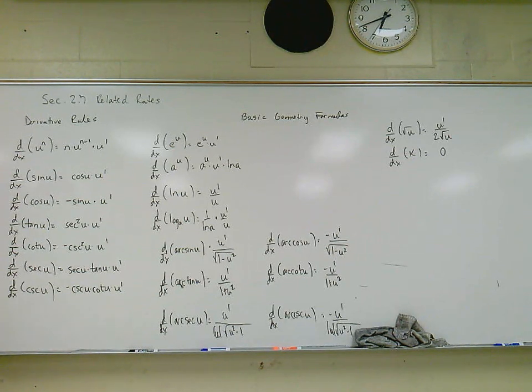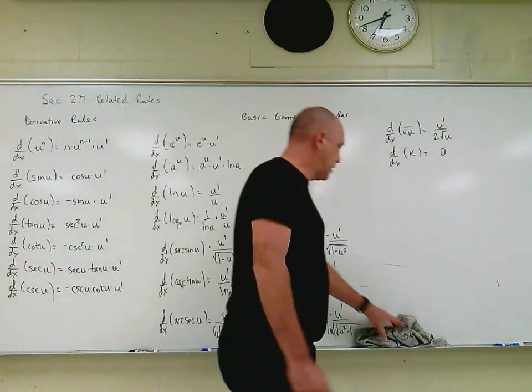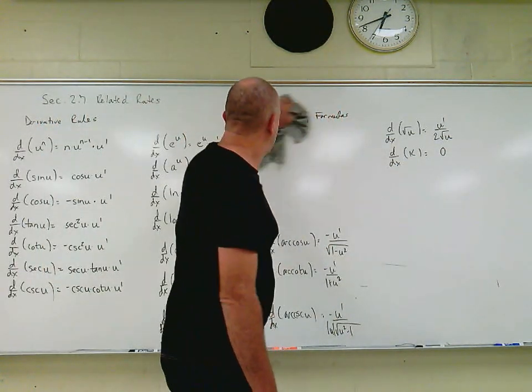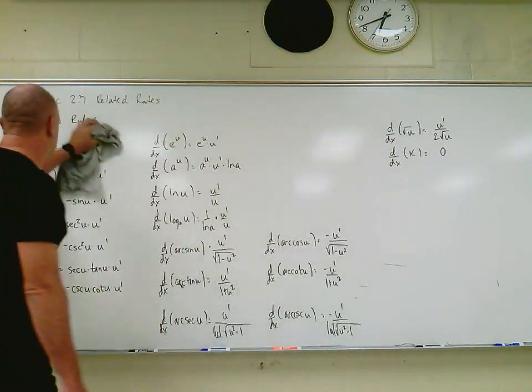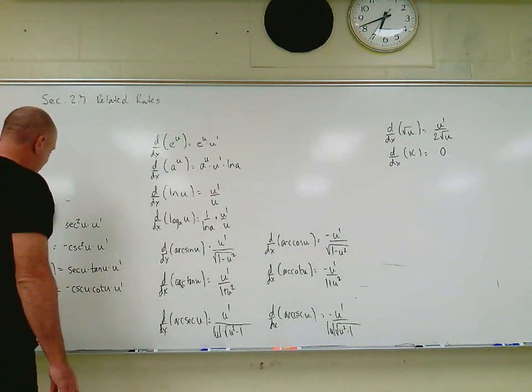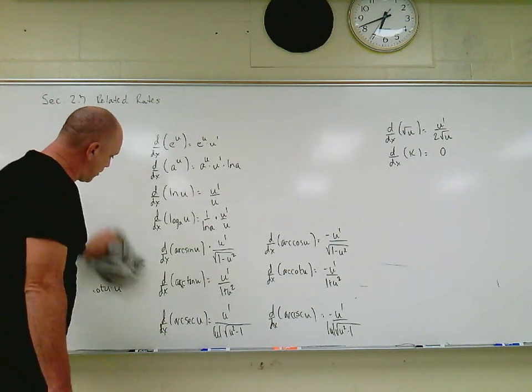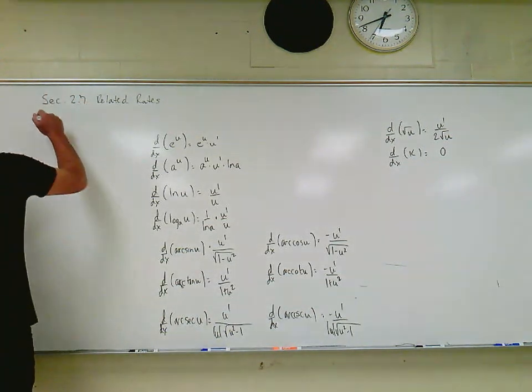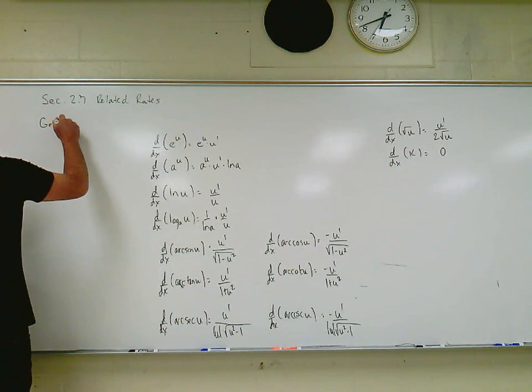We're gonna start erasing. I'm gonna erase over here. I'm gonna start putting some basic geometry rules. Okay, so I'm gonna erase this column here. And I want to put just some formulas, so some geometry here.